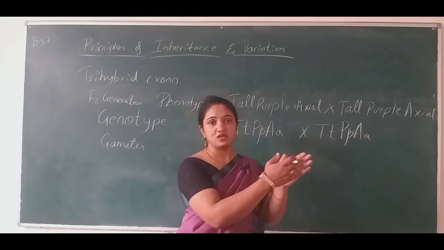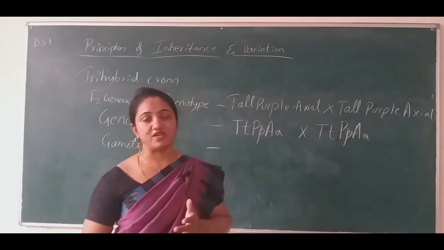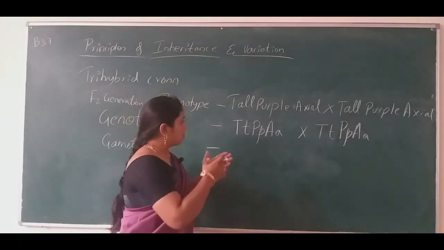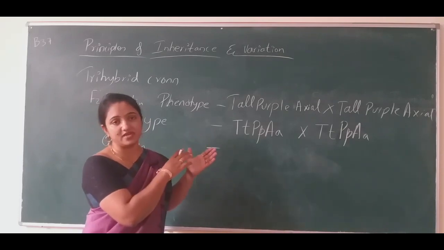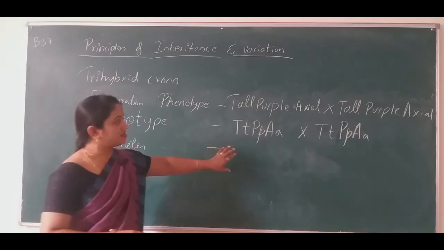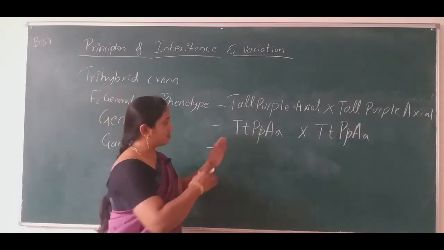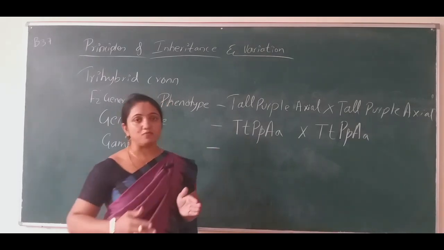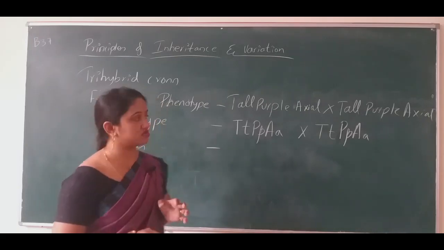That description tells about the law of independent assortment. Here the same law is followed, but the gametes are a little bit lengthy, as the number of gametes is more compared to the dihybrid cross.